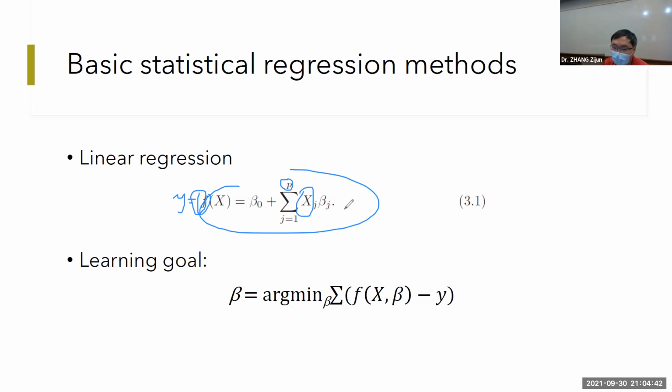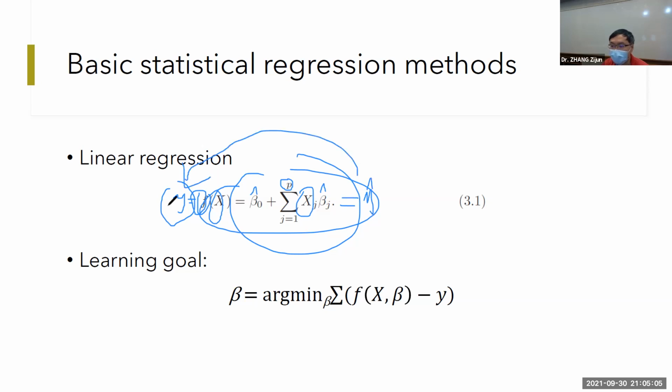Okay. Then it's linear regression based on the data. What are the data? The data is the y and the x. And what we want to do is estimate beta 0 and beta_j so that we can have this linear form, get the y estimates, where the y estimates are very close to the observed y. This is the learning goal. So we want to do the argmin, where the argument is beta.